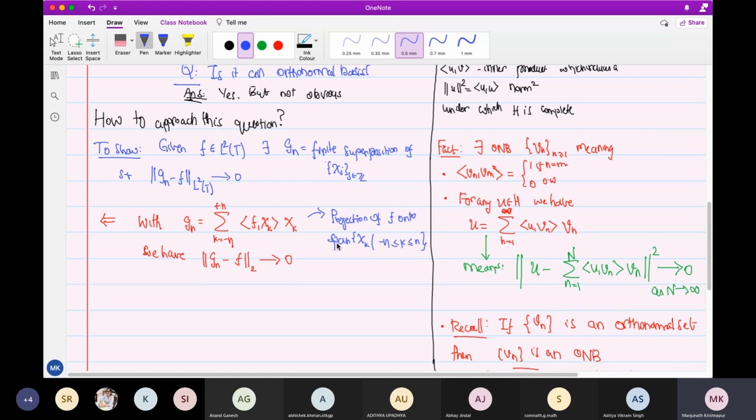It is the 2n plus 1 dimensional space to which you are projecting. This is the projected vector, projected function, whatever you want to call it. So it is the projection, and that seems the most natural one. In other words, projection means it's the closest element to f in this span. So it seems the most natural one to show. How would you show this? How would you show that this is true?